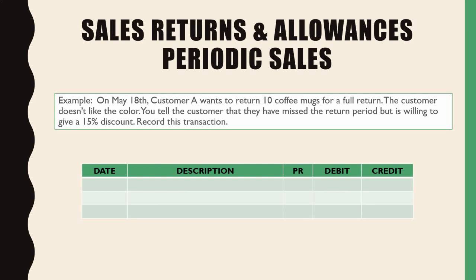So in this case, right, how do you issue an allowance? Now, in this case, again, it falls under the same category because they're not returning the product per se. You're allowing them to keep the product, but you're giving them a portion of the refund back to them. Okay? So do not confuse this discount with an actual discount.